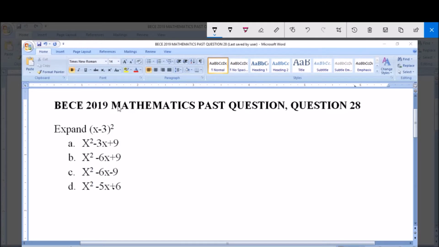So the question here says we have to expand what? Expand this here. Now we are given (x minus 3) squared. Now for us to expand this, how do we do it? Since we have this square here, we have to remove this square, because (x minus 3) squared simply means everything in this bracket squared.